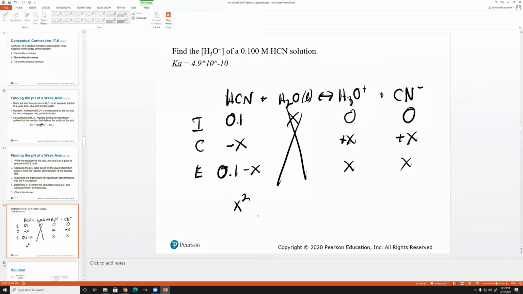So X squared divided by 0.1 minus X equals our Ka value of 4.9 times 10 to the negative 10. Now, can someone tell me what we're going to do with this equation based on what I said before?